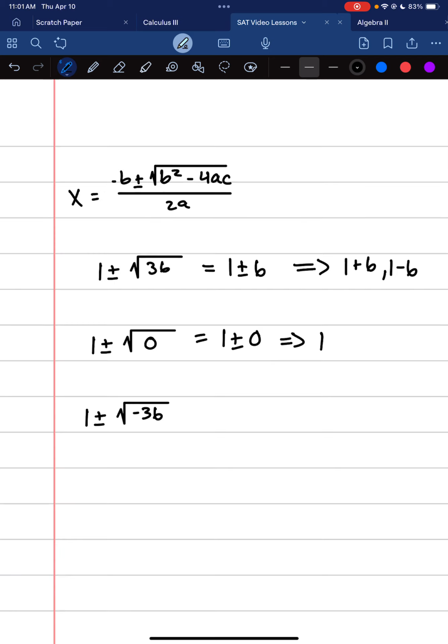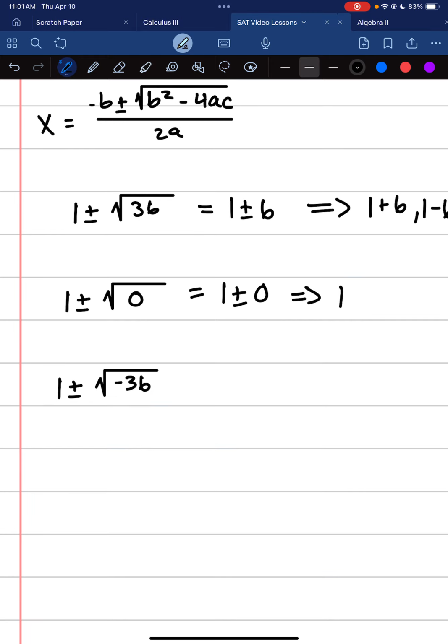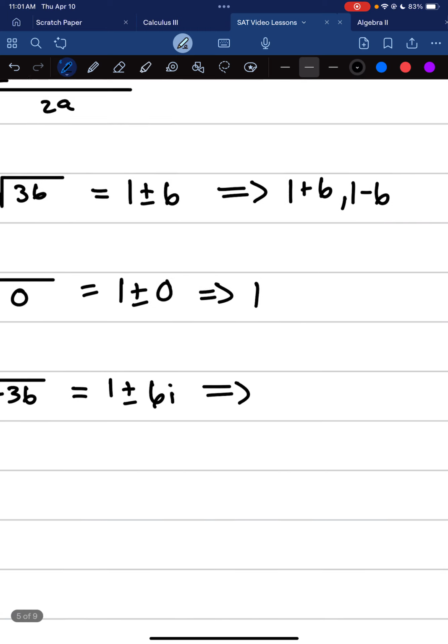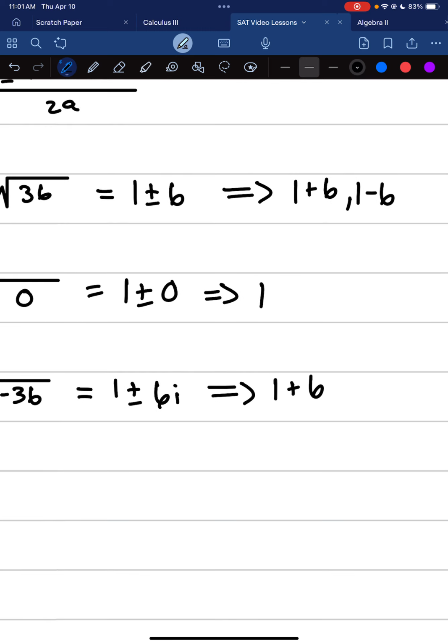So we end up with one solution. And in the third case, we end up with 1 plus or minus 6i, or 1 plus 6i, 1 minus 6i as our two solutions. So two imaginary solutions. And that isn't by accident.